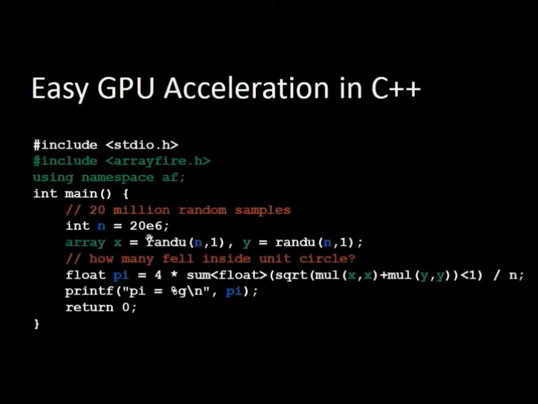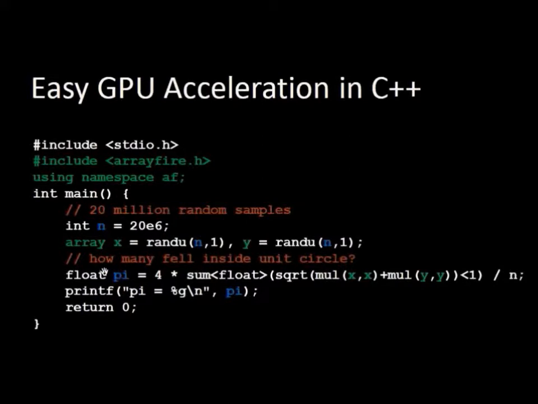So we've defined X and Y as GPU array variables. Then on this line of code, we're going to do some basic square root and vector multiplication and summation. And this is the actual arithmetic that computes pi.